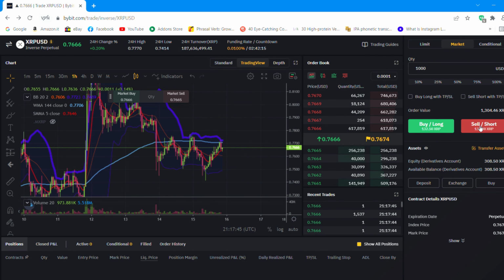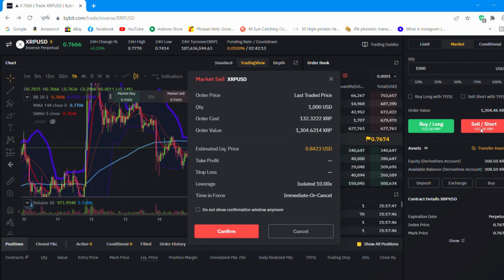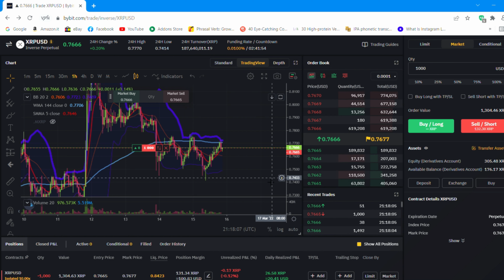So let's say here I want to sell short. I'll get this screen, which means I will be putting in 132 XRP. That's the order value in XRP. That's the liquidation price. That's the isolated, and confirm. Always, please, always have this box.